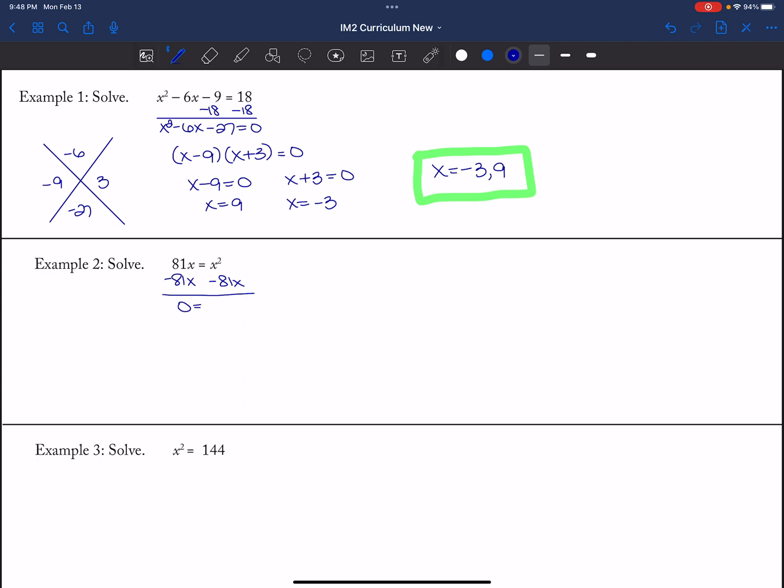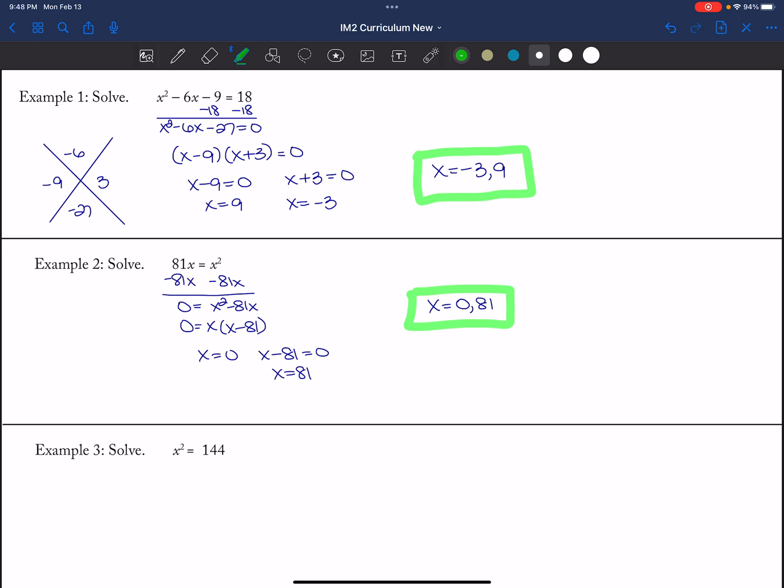So 0 is equal to x squared minus 81x. I can factor out an x, and I'm left with x minus 81. And I'm going to set x equal to 0, and then x minus 81 equal to 0. So I get x is equal to 0 and 81.